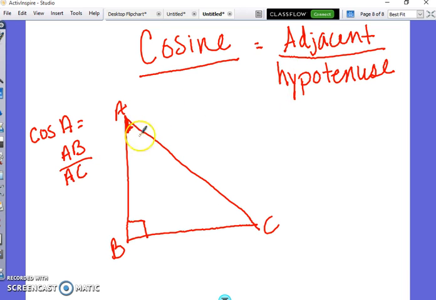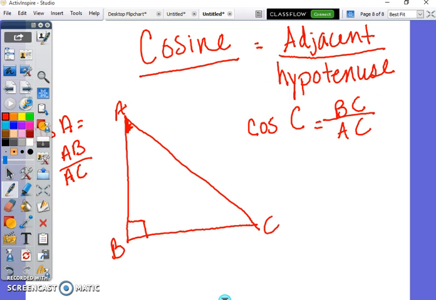We're not using the hypotenuse as an adjacent or an opposite. Cosine C would be what? BC over AC. Anyone see anything in common?